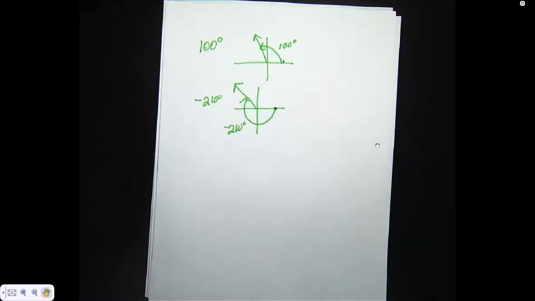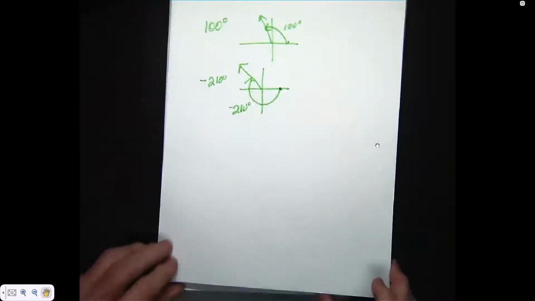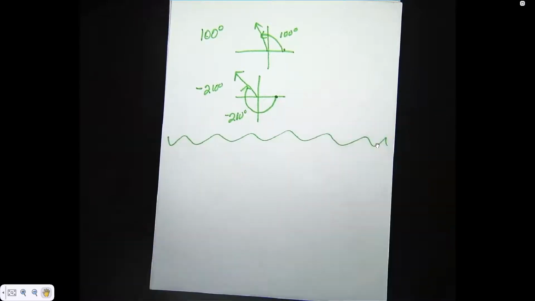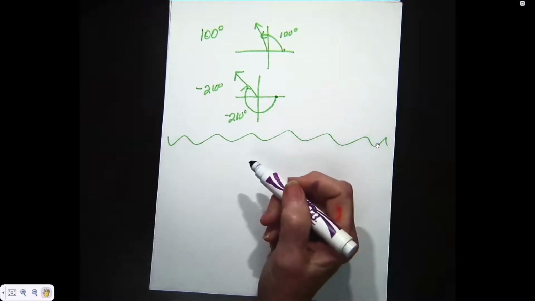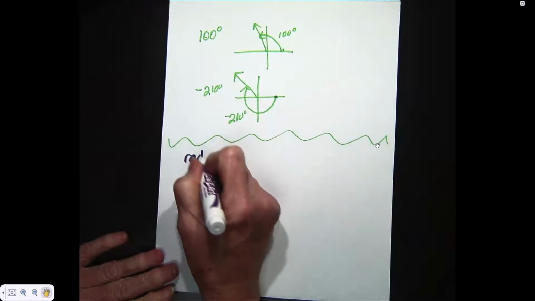All right, well, I'm not going to spend a lot of time right now talking about how to measure things in degrees, because I think most of you are aware of how to do that. I really want to think for a minute about what happens in radians.